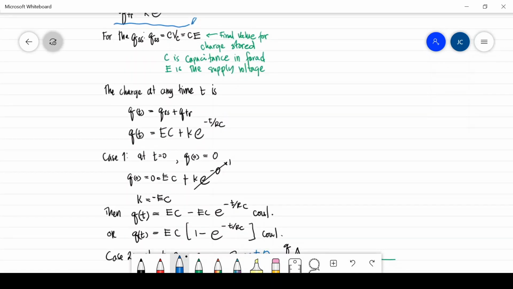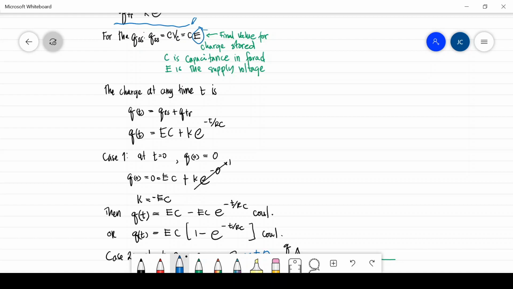For the steady state component of the charge, the charge in the capacitor changes and it will approach the supply voltage. So E is the final value for the voltage in the capacitor.